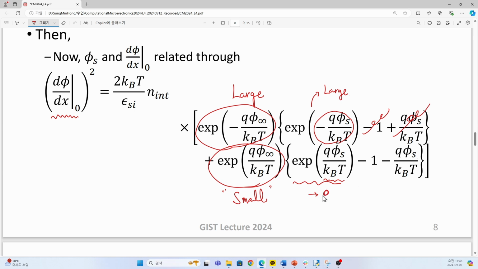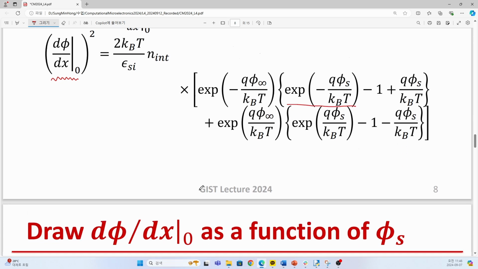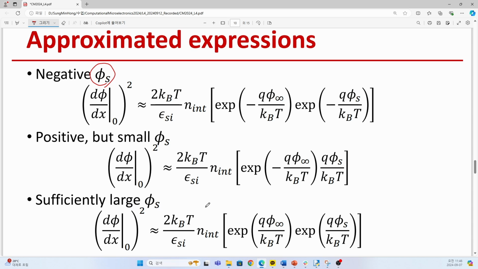So if we have sufficiently negative surface potential, the only thing we have to keep is this exponential minus surface potential term. So as you can see, this is an exponential term.